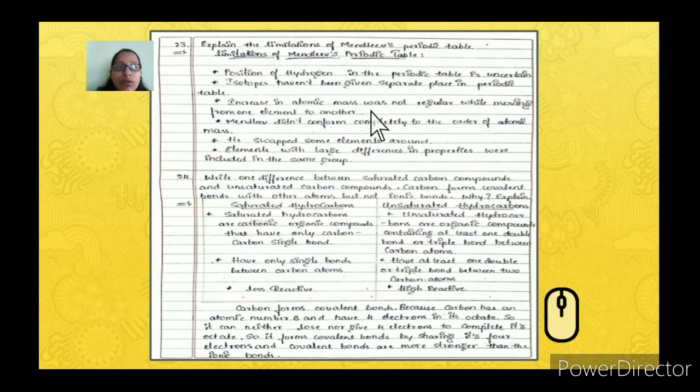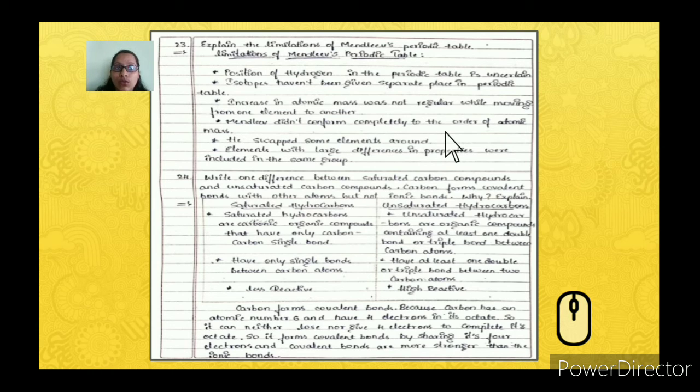The increase in atomic mass was not regular. As he arranged the elements, you can see that they were not regularly arranged by atomic mass when moving from one element to another. Also, Mendeleev was not completely confirmed about the order of atomic mass.